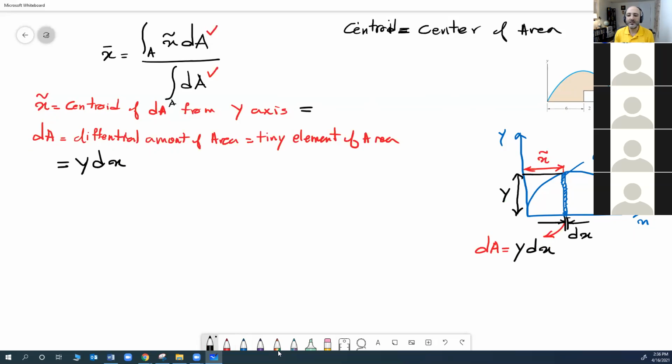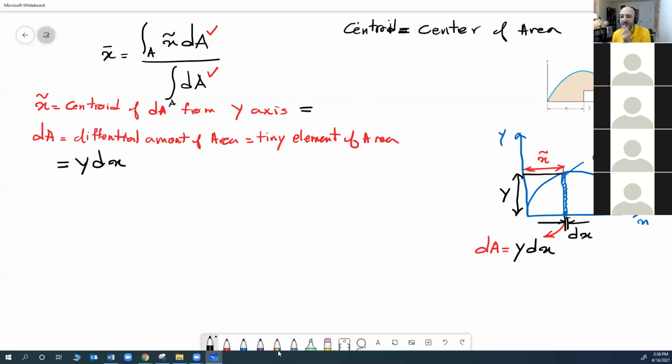What is X tilde in this case? Which axis is X tilde moving on? On the x-axis.